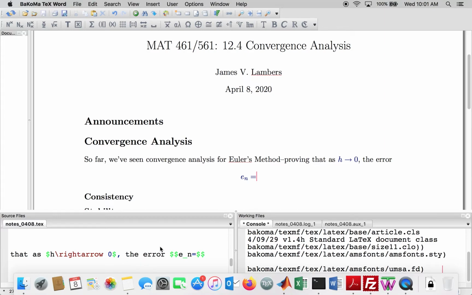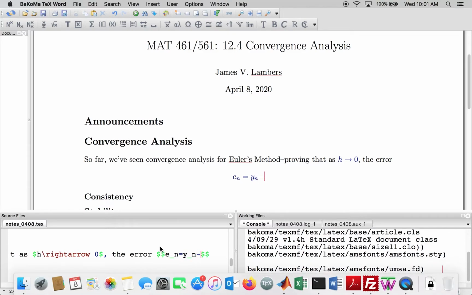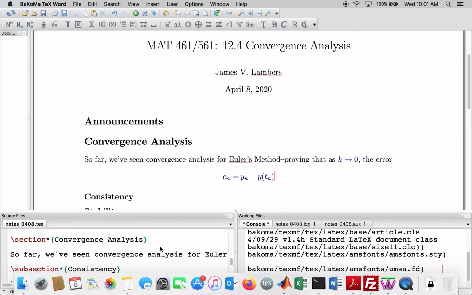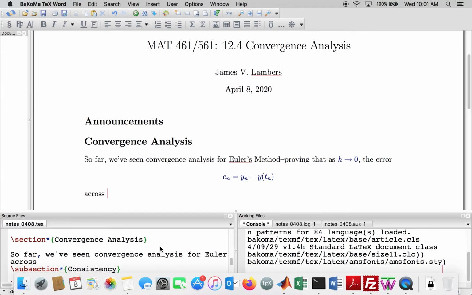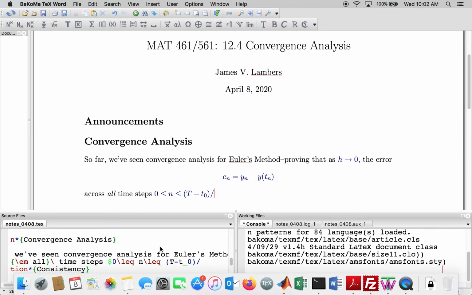I use approximation minus the exact, that's y_n minus y(t_n). So that error across all time steps, n up to (T minus t_0) over h.